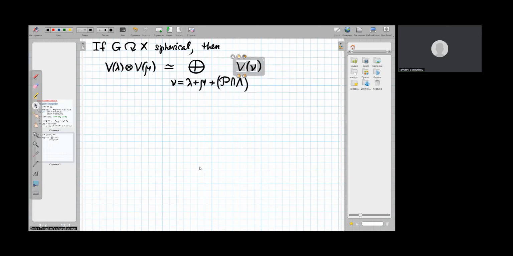So in case where the double flag variety is spherical, this tensor product is decomposed as a multiplicity-free direct sum of simple modules. Each occurs only once in this direct sum of simple G modules corresponding to highest weights from this set.